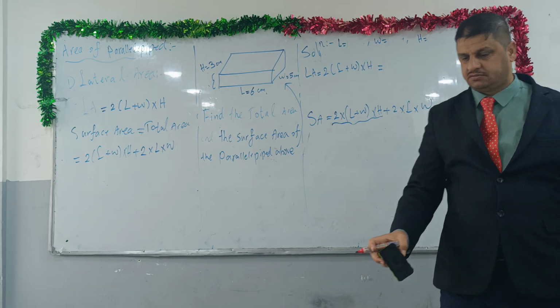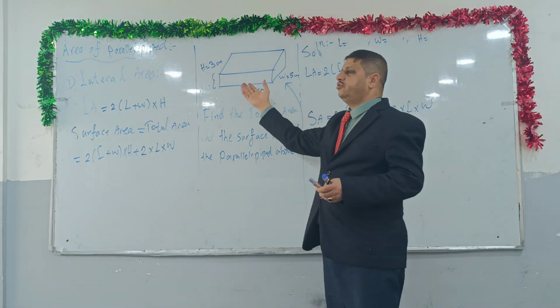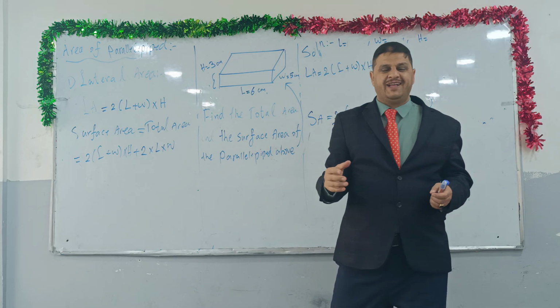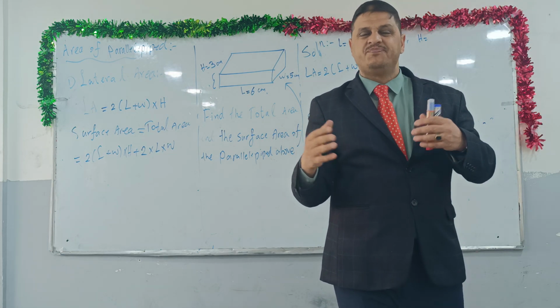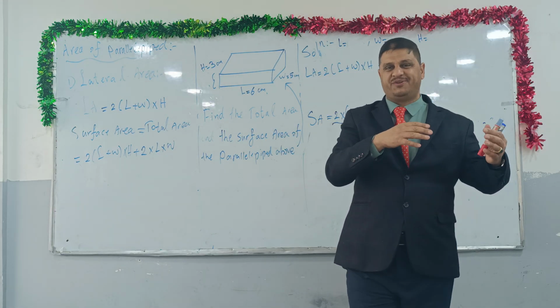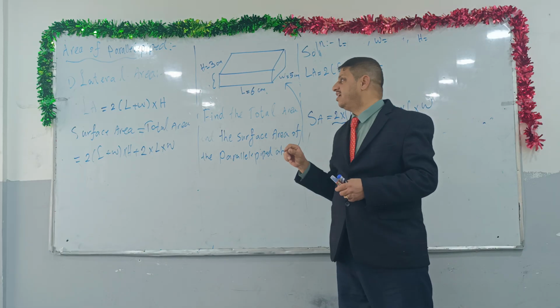Suppose I have this rectangular solid or parallelepiped. A rectangular solid is easier than parallelepiped, so I am using this vocabulary.